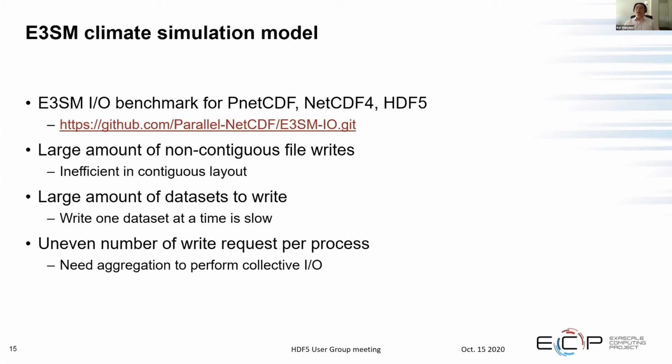So with the current HDF5 implementation, they have to use independent dataset writes at least for the different part of the I/O requests, and they can only write one dataset at a time.